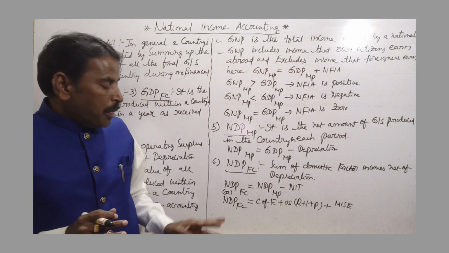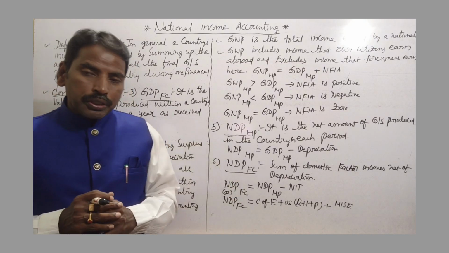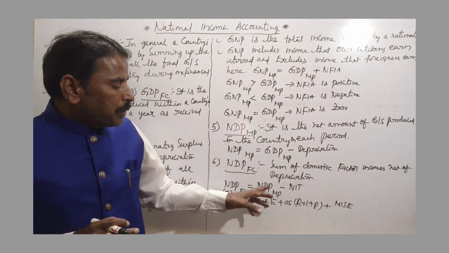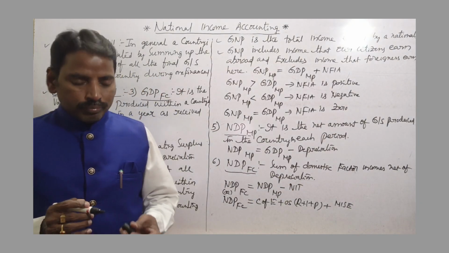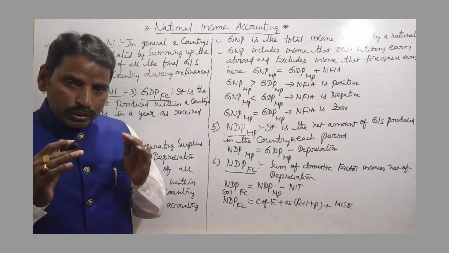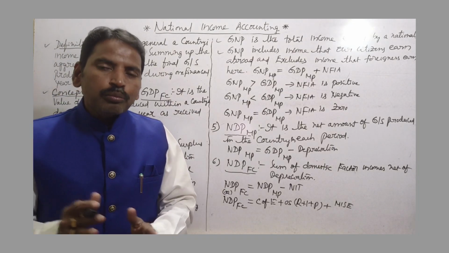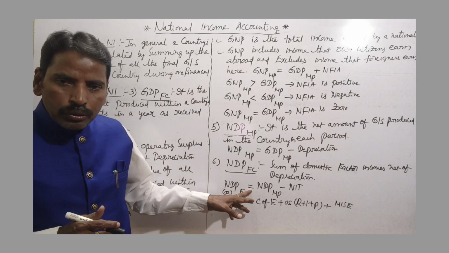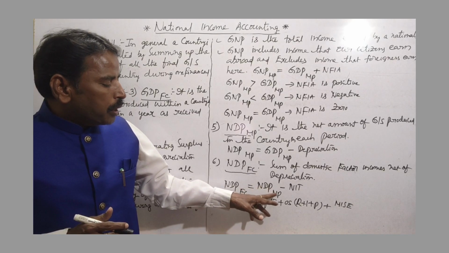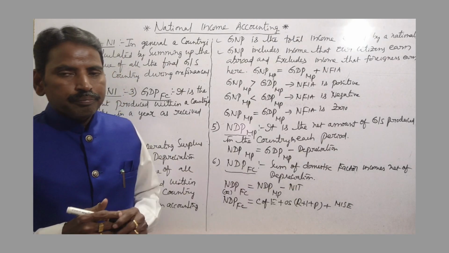That means NDP factor cost is equal to NDP market price minus net indirect taxes. Net indirect taxes means indirect taxes minus subsidies.